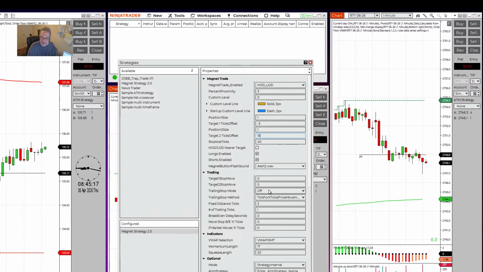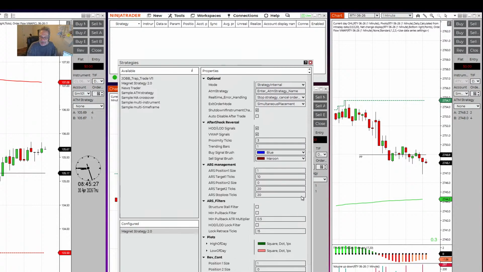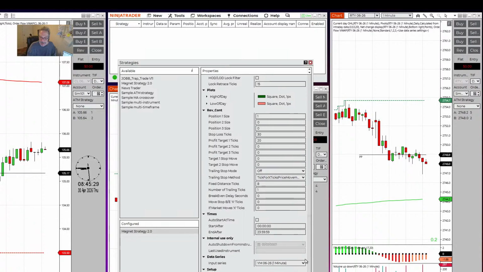And if I hit my first target, target 1, stop move is break even, BE, just like a regular trade. So my YM magnet is ready. I have to label it YM magnet, and we trade the YM magnet in a funded account.